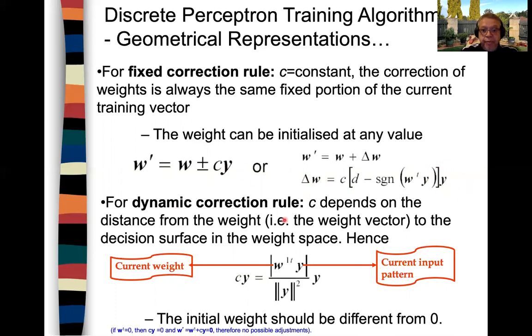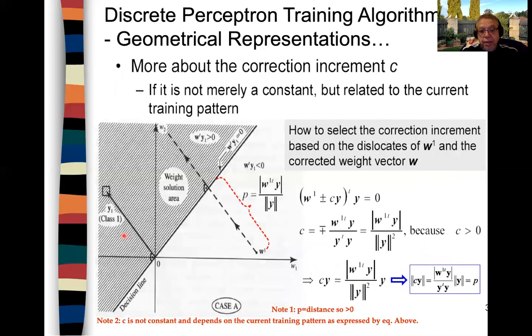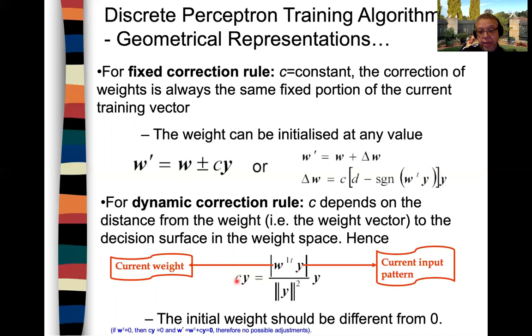Now for a dynamic correction rule, C depends on the distance from the weight vector to the decision surface in the weight space. So it depends, as we said, on this distance here, P. So in this case, the CY would be equal to the current weight, W1 transpose, times Y, the current input pattern, divided by the norm of the current input pattern, and then multiplied by the current input pattern.